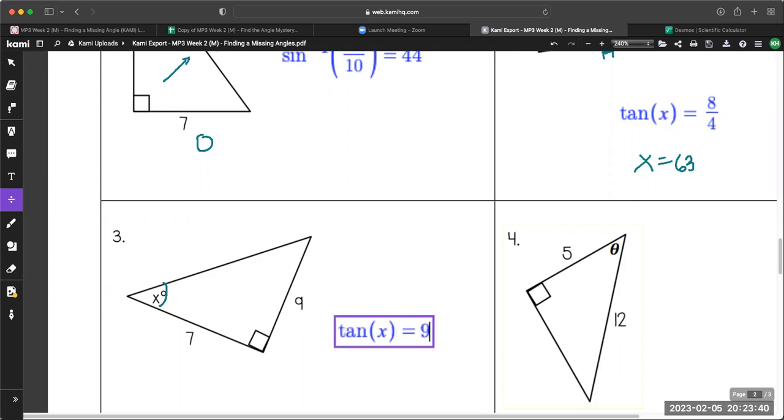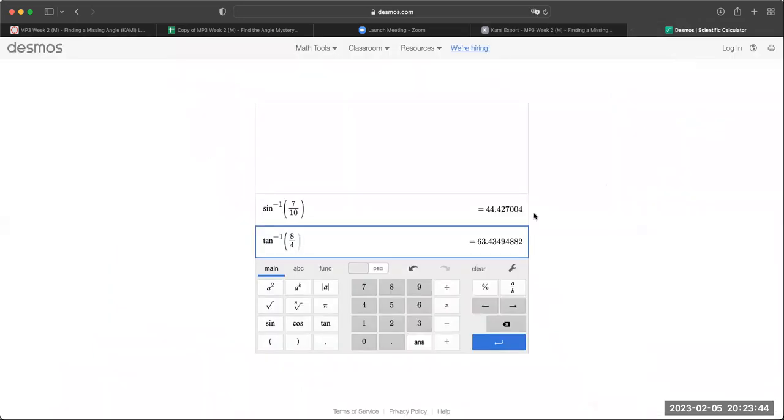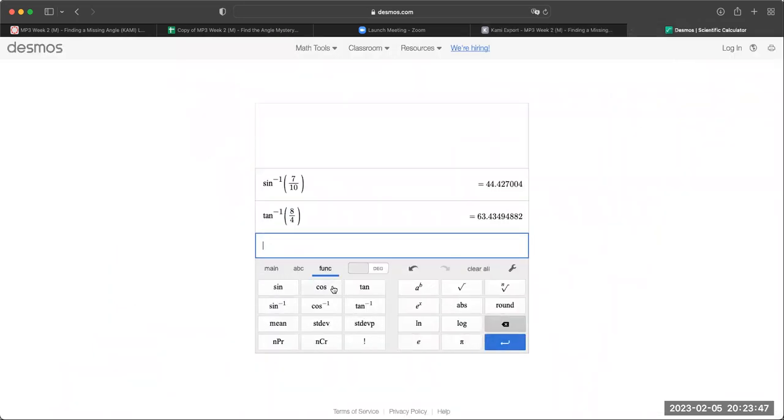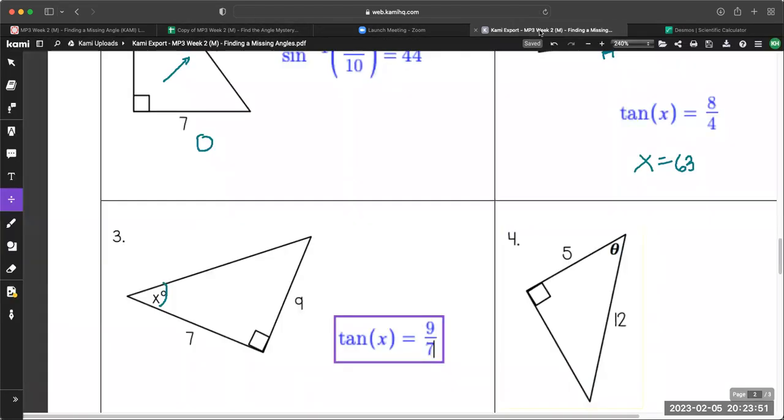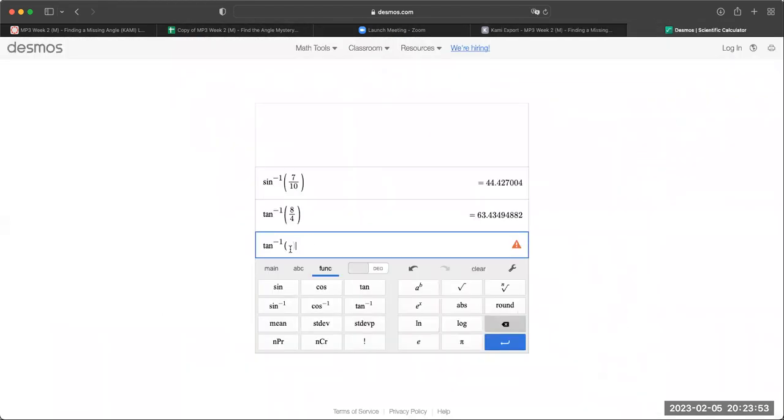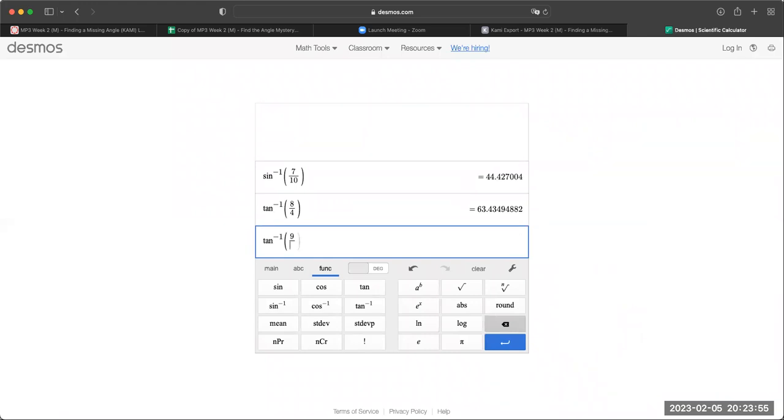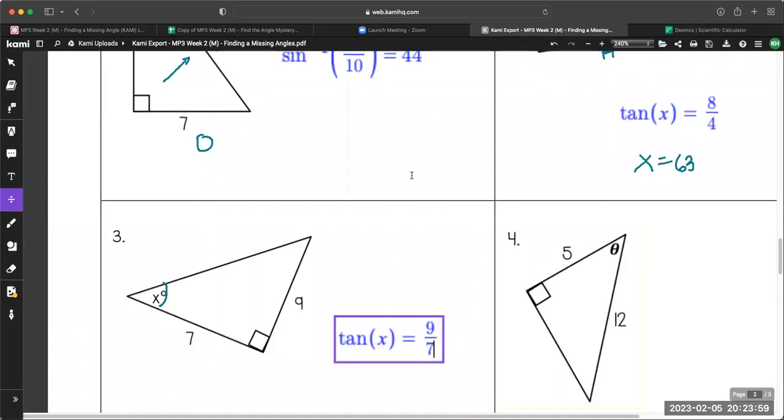So it's going to equal 9 over 7. Inverse tangent of 9 over 7. Bam, 52 degrees. So that's how we do these ones.